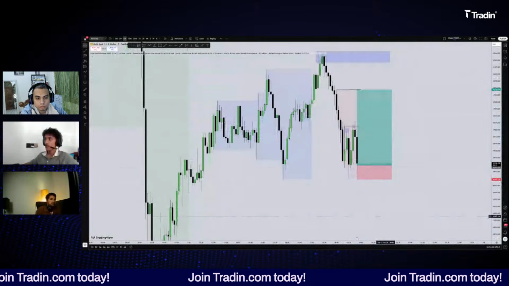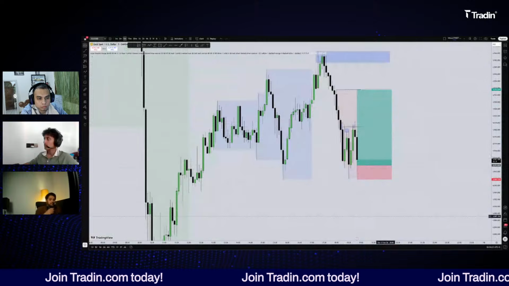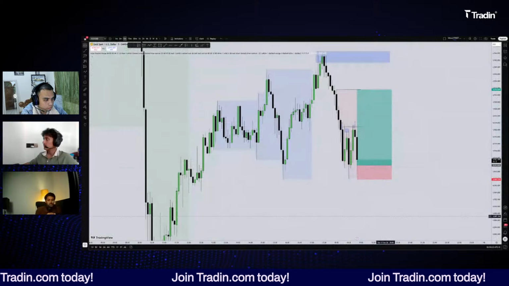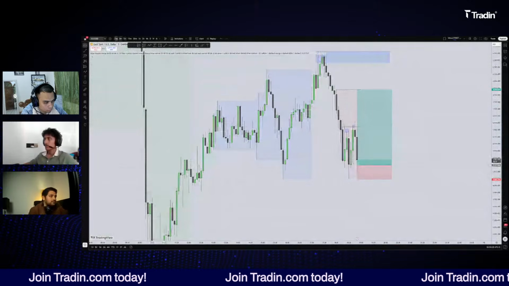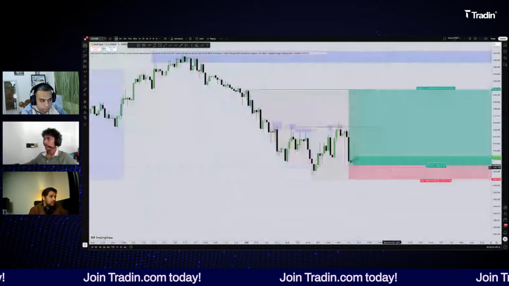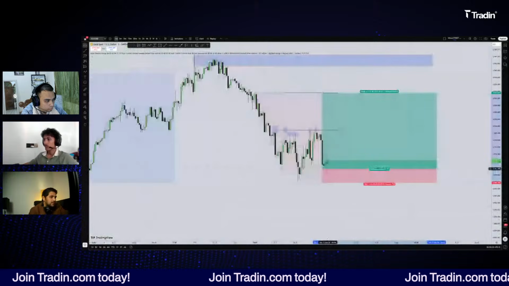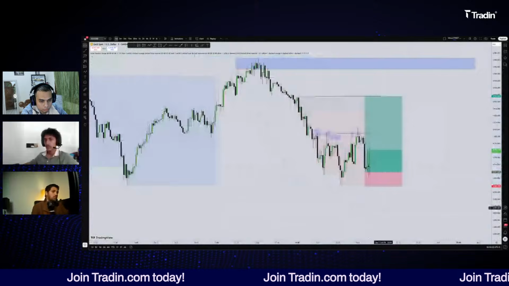It could be a sudden stop loss, but at the same time, there's a probability for it to give us a sudden spike up as well, right? There you go. It's giving a sudden spike up now. Oh my god, nice.